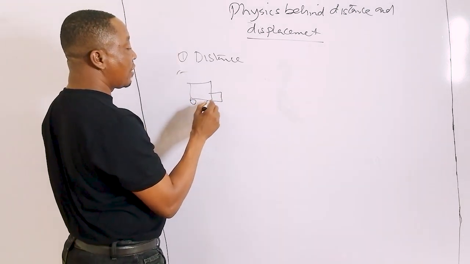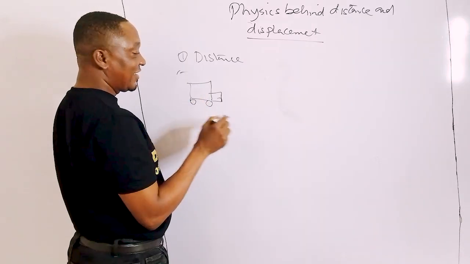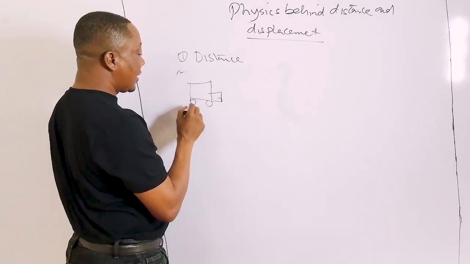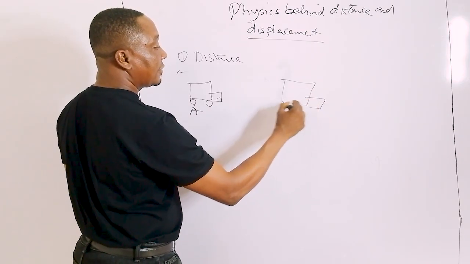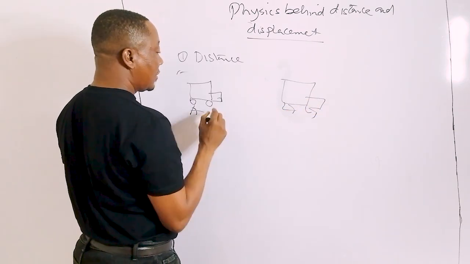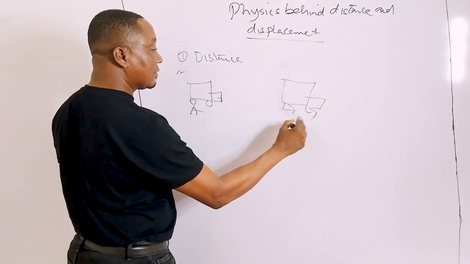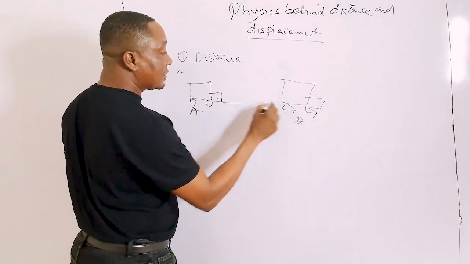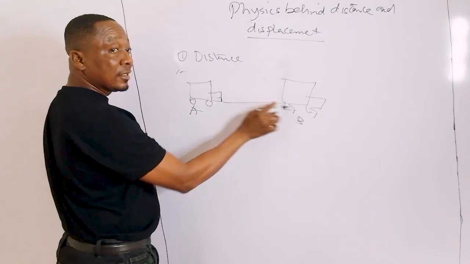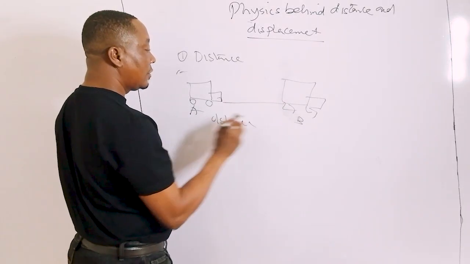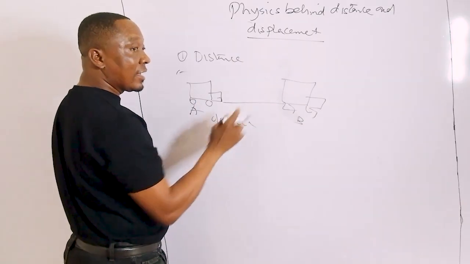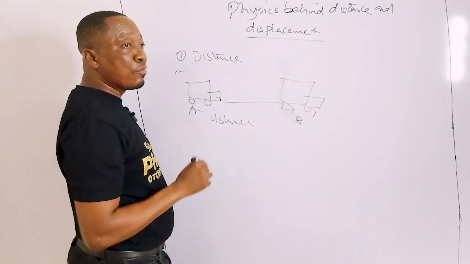This is a toy car A, and there's another toy car B that is here. If you measure the length between these two cars, that gives you distance. That is what we mean by distance.